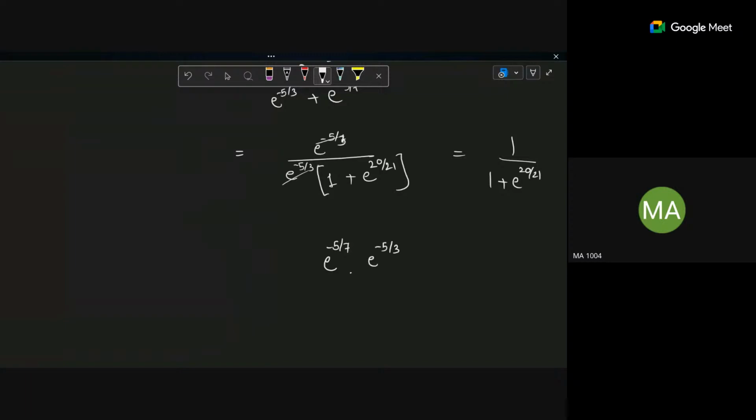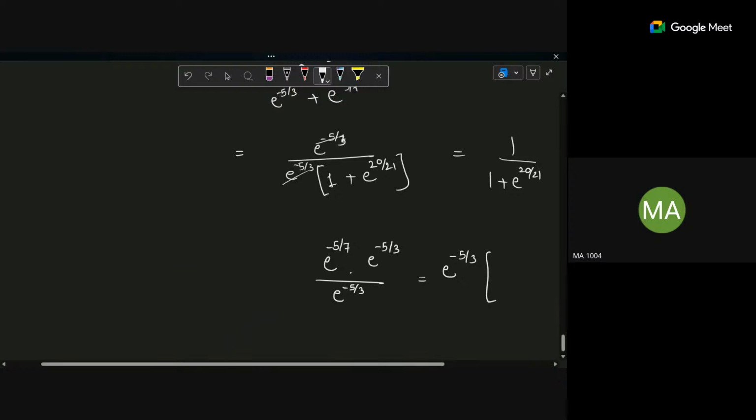Whenever the situation is like that, you just multiply and divide whatever you want to take common. So once you are here, you just common out your e to the power minus 5 by 3. Then you are left with what? E to the power minus 5 by 7 divided by e to the power minus 5 by 3, right?